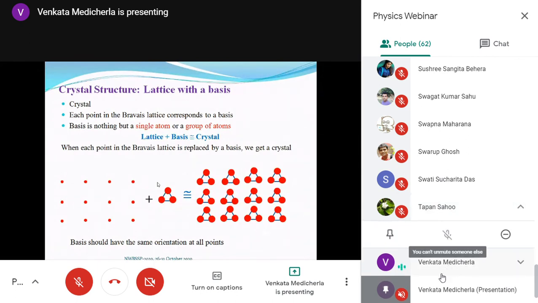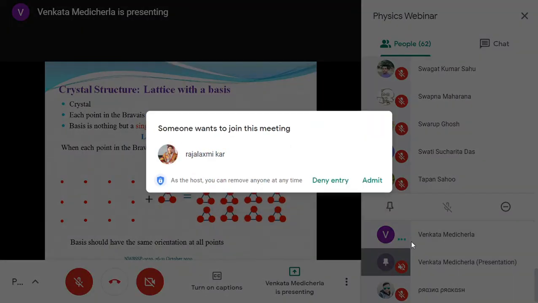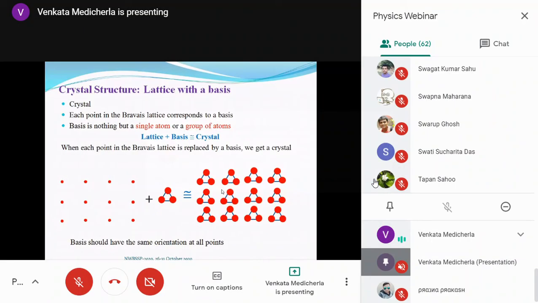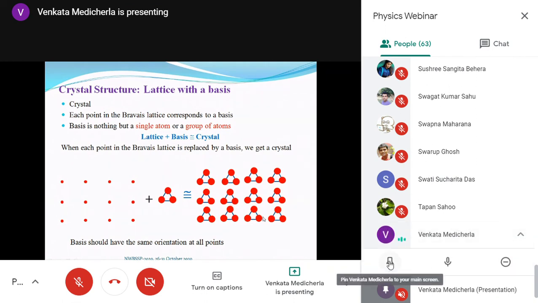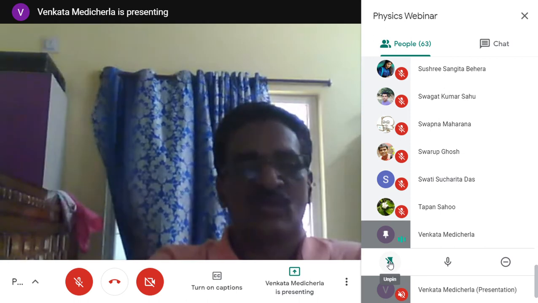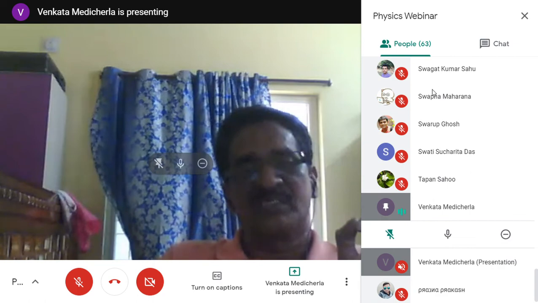To calculate the intensity of reflection, you must know the basis. The basis tells you the intensity. That will give the real crystal diffraction. So this is the difference between lattice and crystal. This point I have told you already: the basis should have the same orientation at all points.